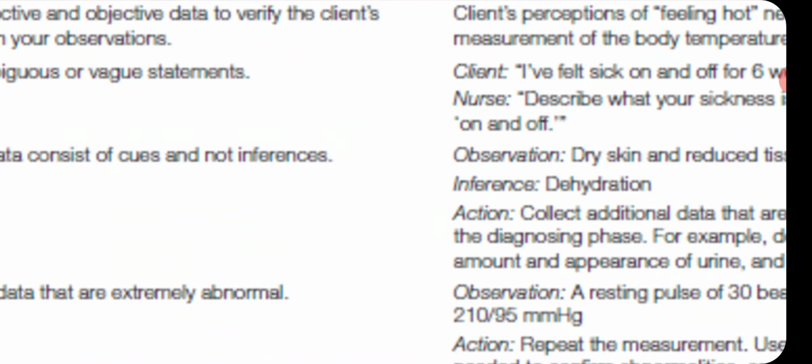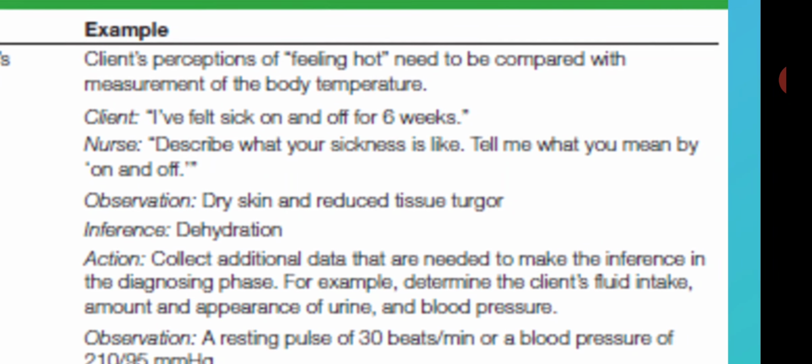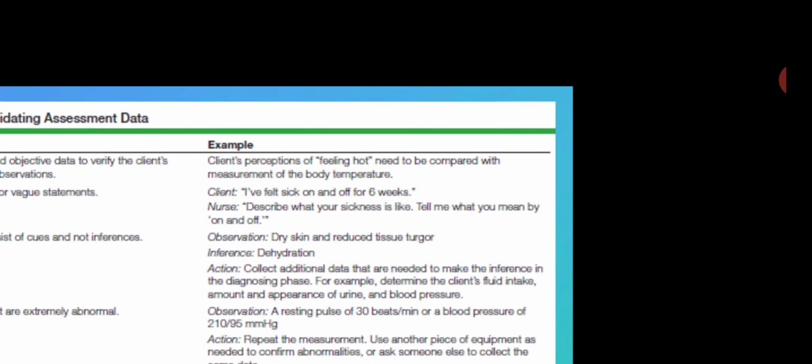For example, the nurse sees that the client has dry skin and reduced tissue turgor, or elasticity of the skin. The inference would be dehydration, right? But for your assessment, you do not write down dehydration. You write down as part of your objective data, dry skin and reduced tissue turgor, or elasticity of the skin, and so on.